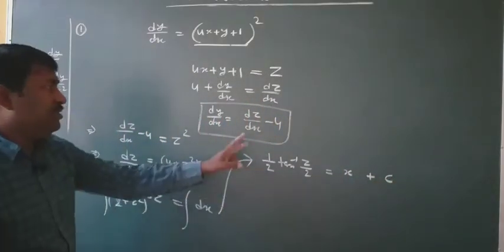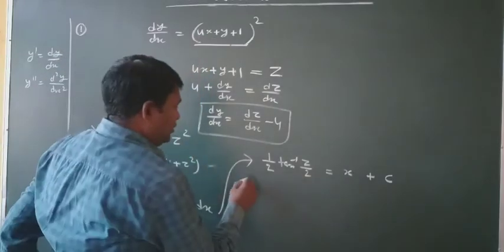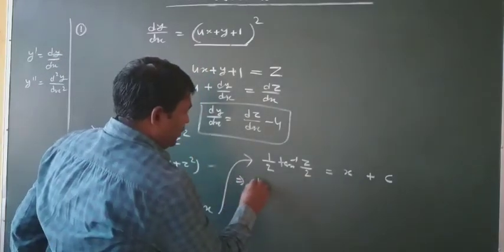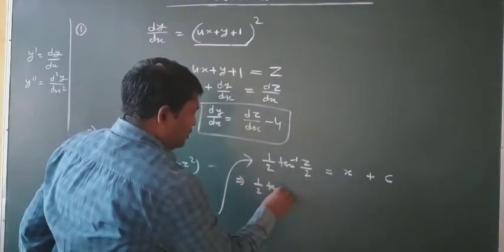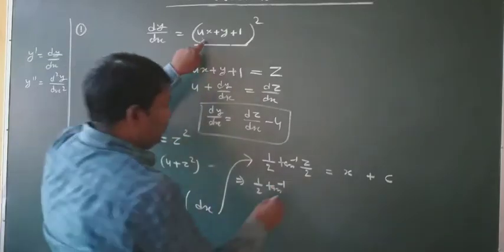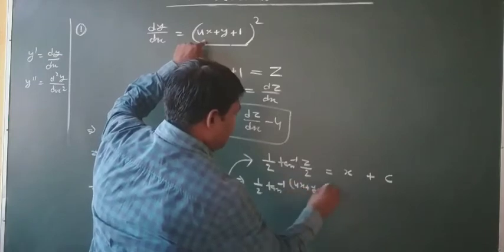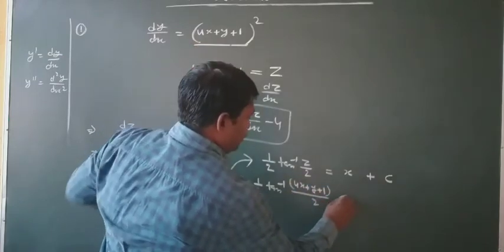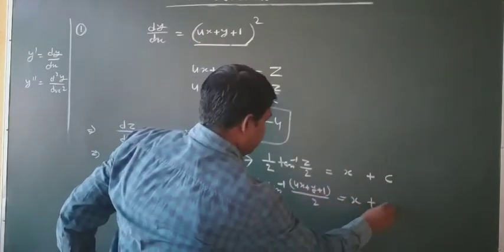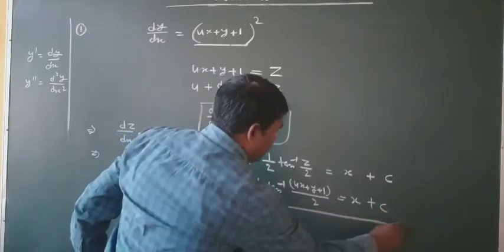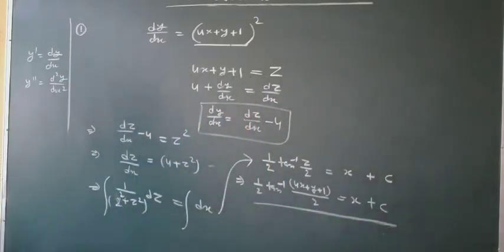Now replacing the value of z, whatever you took earlier: 1 by 2 tan inverse, in place of z it is (4x plus y plus 1) by 2, is equal to x plus c. Now this is the solution of such type of question.